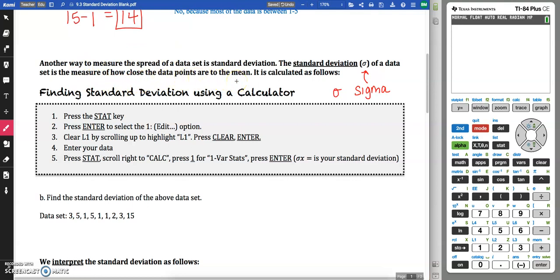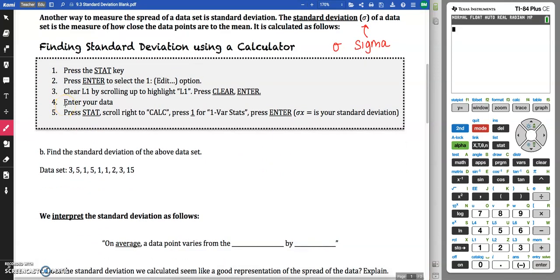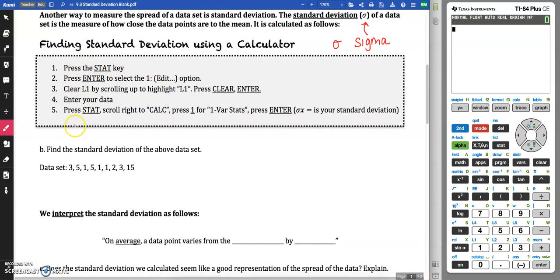So we're looking at the mean and saying, on average, the data points are a certain distance away from the mean. In this class, we only calculate it using our calculator. If you take more stats classes, you'll learn how to calculate it by hand. So we're going to practice using our calculator to figure out the standard deviation.